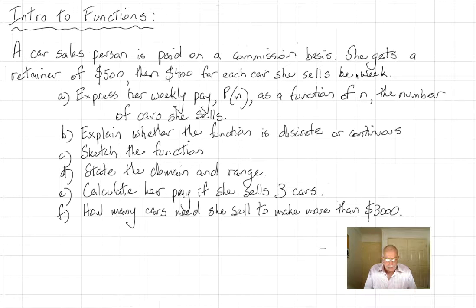I thought I'd introduce functions here by going through what probably may seem like a very trivial type of example, but still in all, it quite well explains the fundamental concepts of what a function is all about. We've already seen that a function can be thought of in two ways.